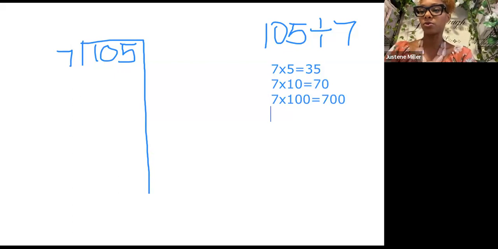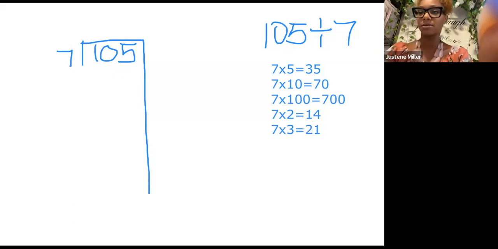Then we can do, if you still want to list some more of your sevens, you could do 7 times 2, which equals 14. And then we can do 7 times 3 equals 21. I'll give you a second to get that down. All right, here we go.